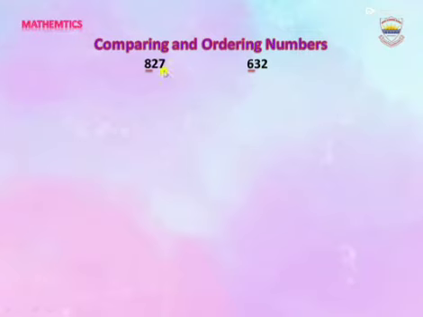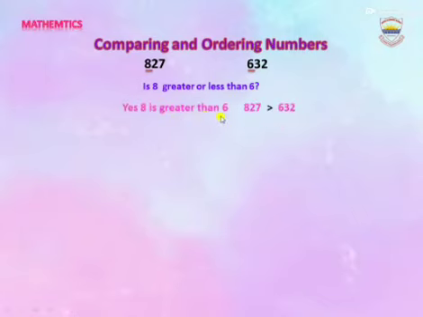Start by comparing the leftmost digit, which is in 100 place, 8 and 6. The question is 8 greater than or less than 6? Yes, you got it. 8 is greater than 6. So, 827 is greater than 632.